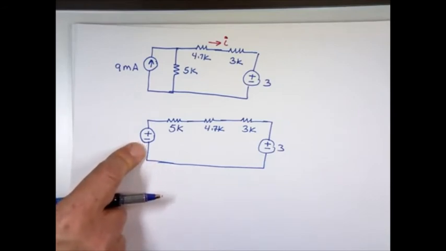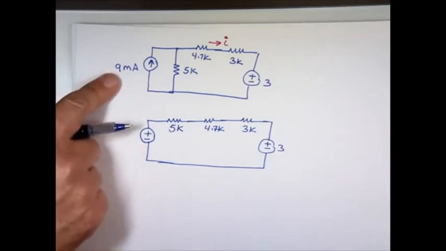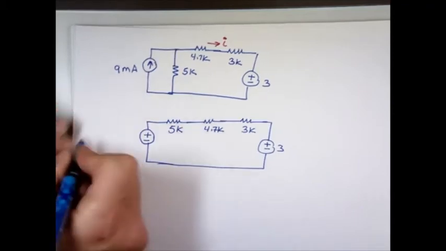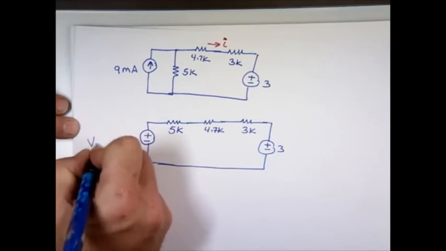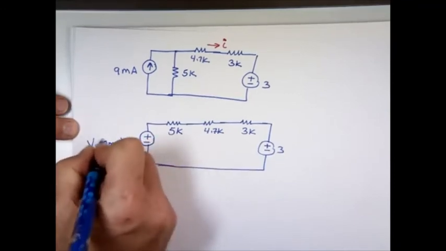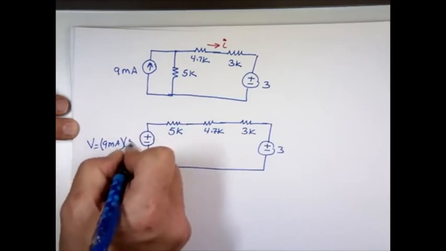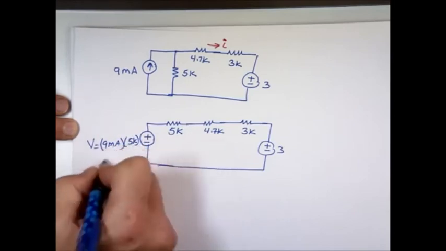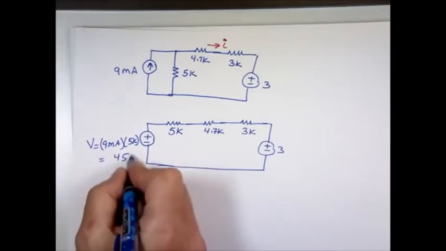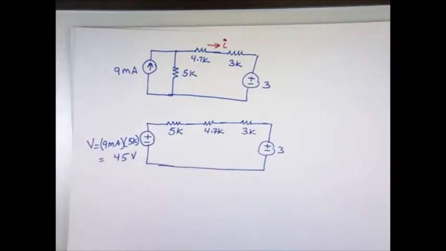It's 9 milli times, V equals I times R, right? So the value of this source is going to be 9 milliamp times 5K. The millis and Ks will cancel. You end up with what? 45 volts.